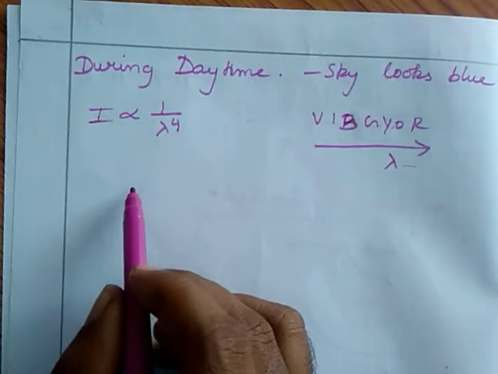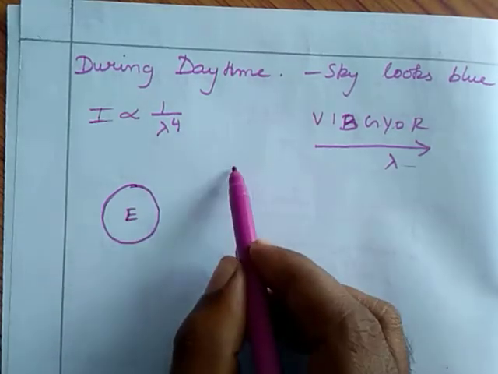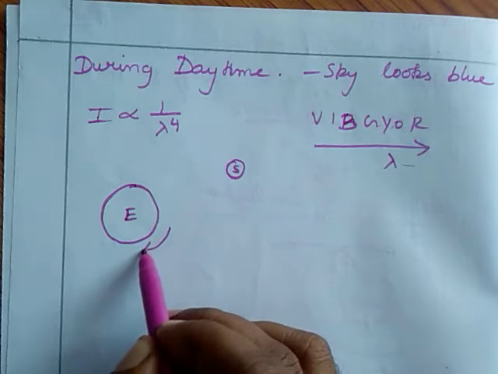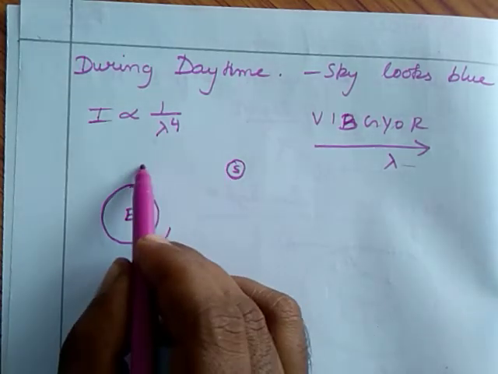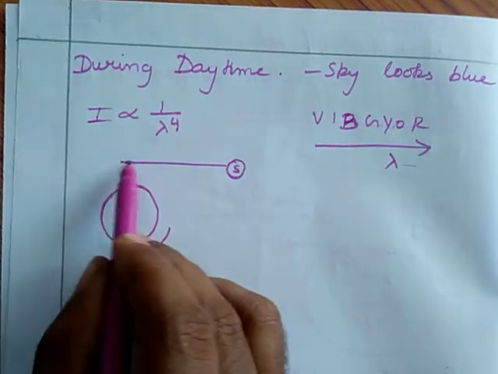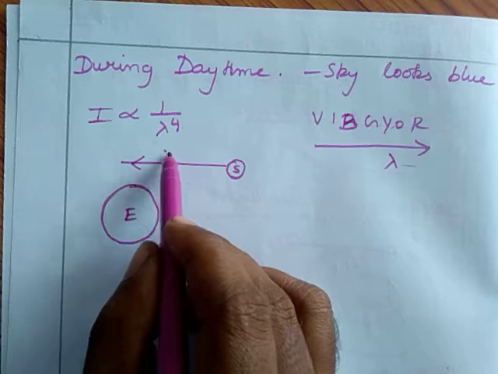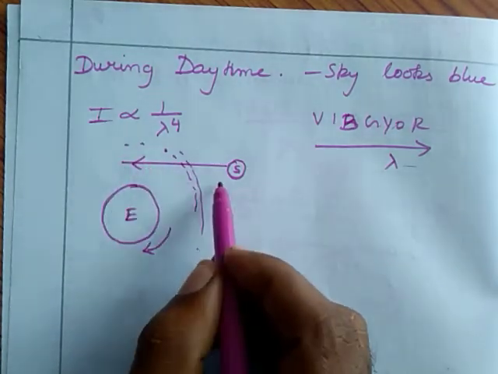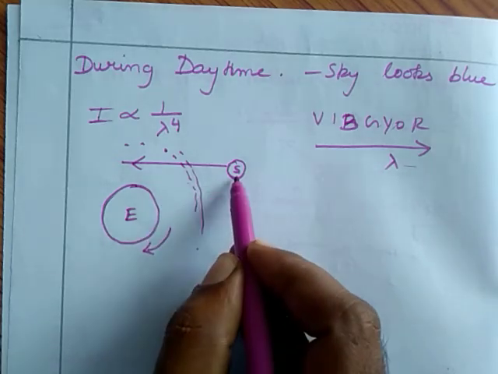See, this is our earth. Here this is the sun. Our earth rotates in anti-clockwise direction. Here the ray of light from the sun comes in a straight line. Here this is the atmosphere. We know at noon time we are very close to the sun.